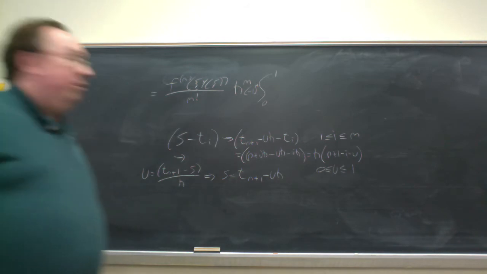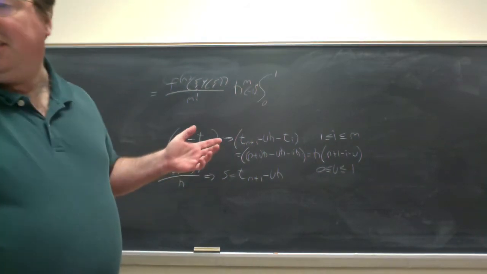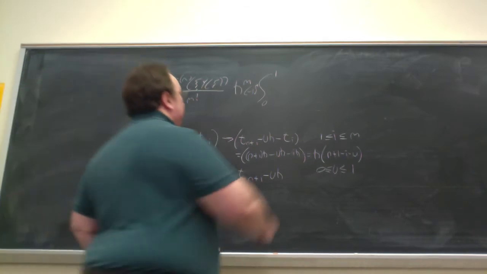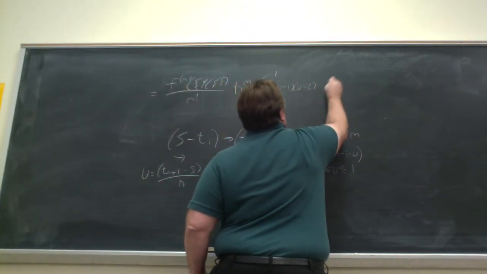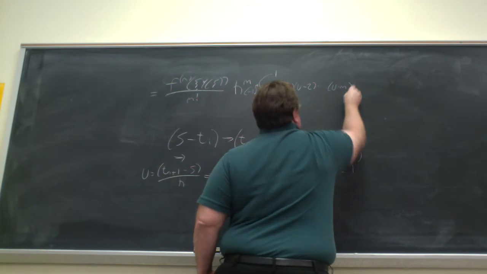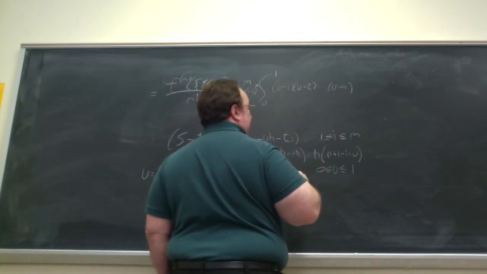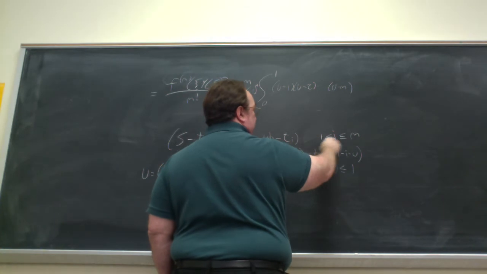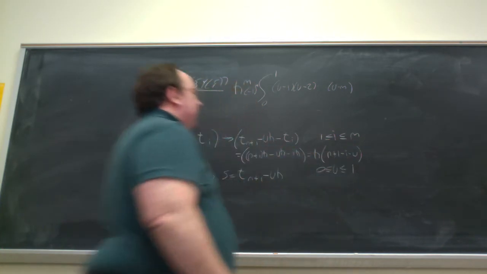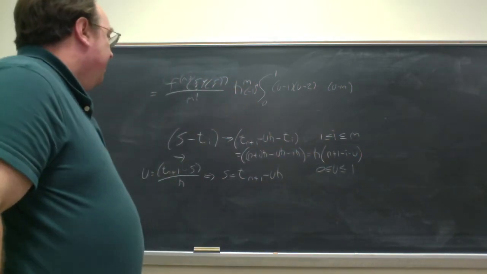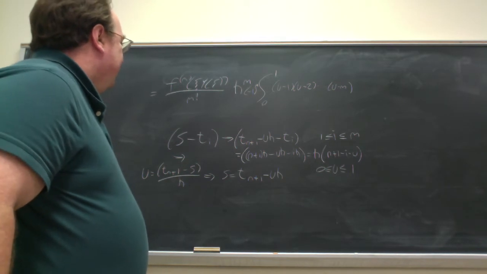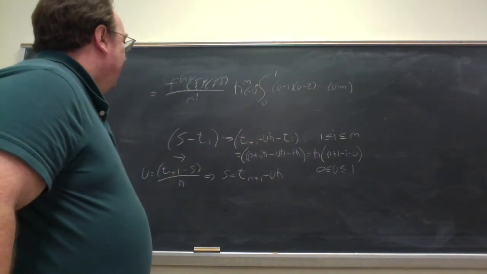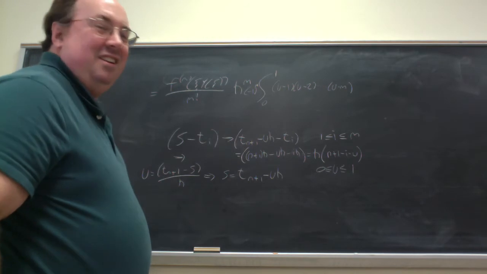So once we simplify everything, what we have inside the integral is u minus 1, u minus 2, all the way down to u minus m. So in fact, if I let i go from 1 to m, something's wrong.